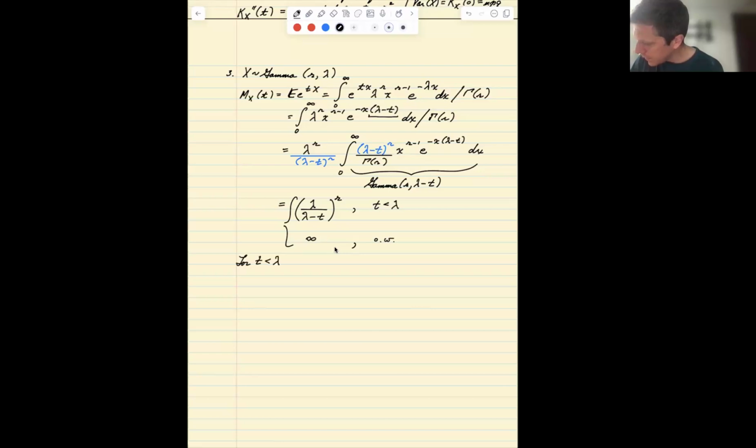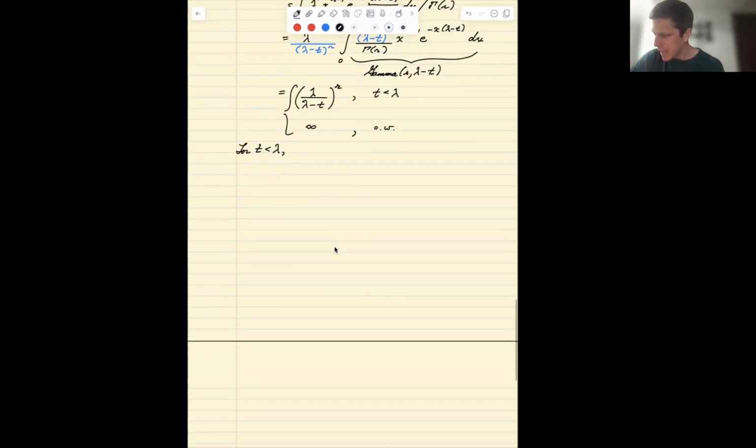For valid values of t, though, t less than lambda, the cumulant generating function is r times the quantity log of lambda minus log of lambda minus t. First derivative with respect to t, we easily calculate it's r divided by lambda minus t.